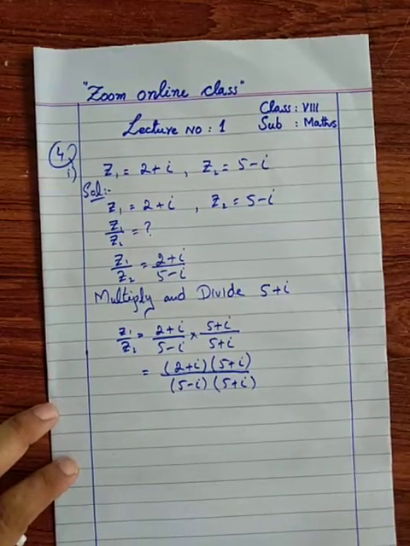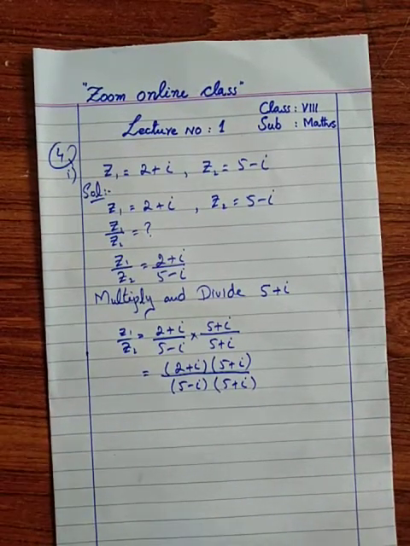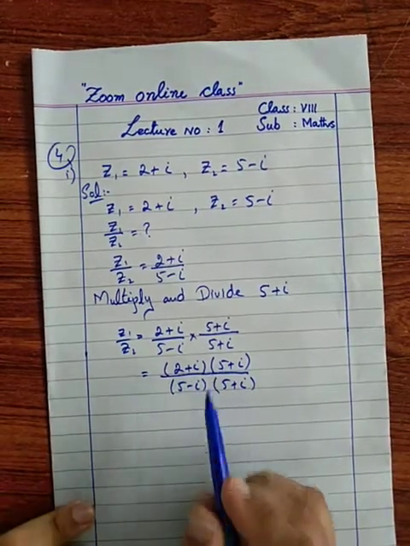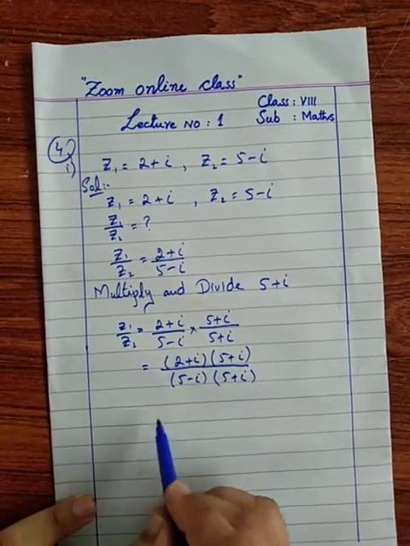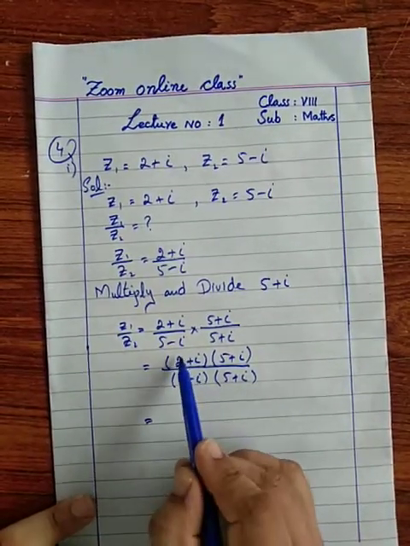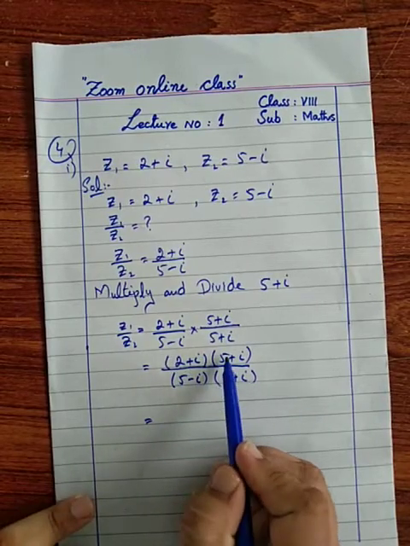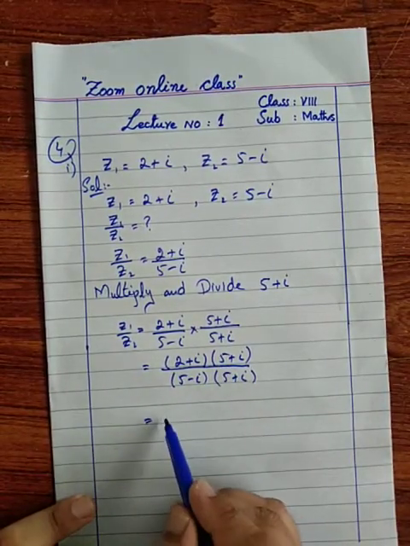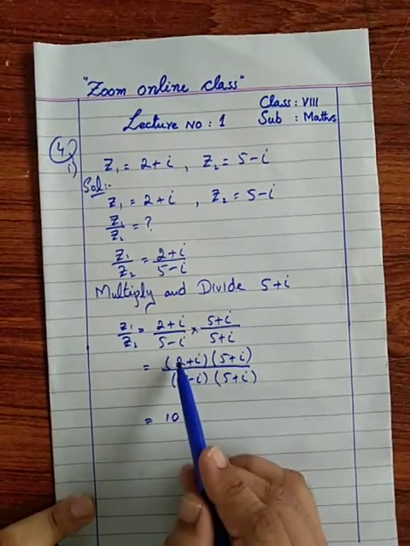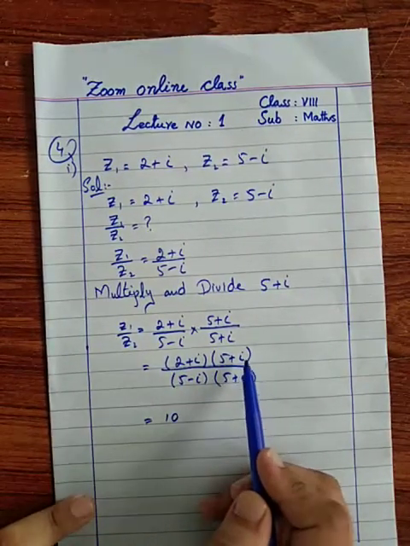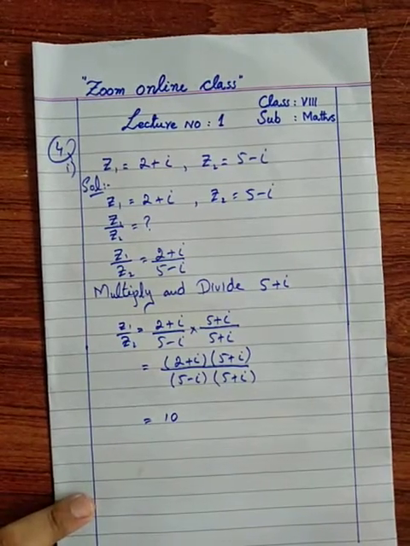After it, we multiply the numerators with each other and the denominators with each other. We start the multiplication: first we multiply 2 with 5, that becomes 2 fives are 10. After it, we multiply this 2 with iota.